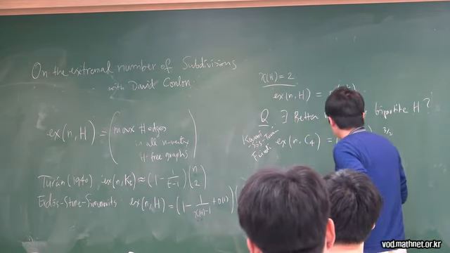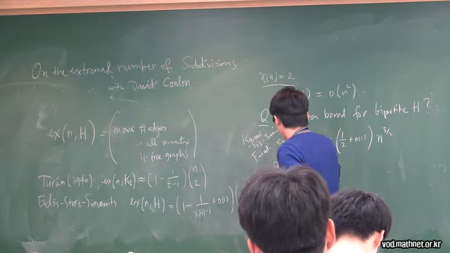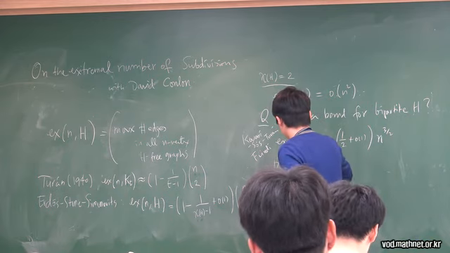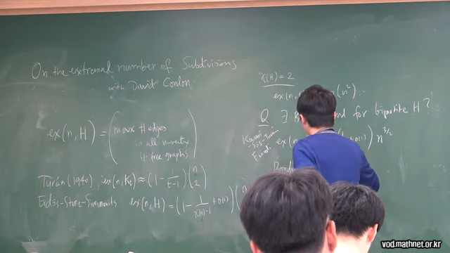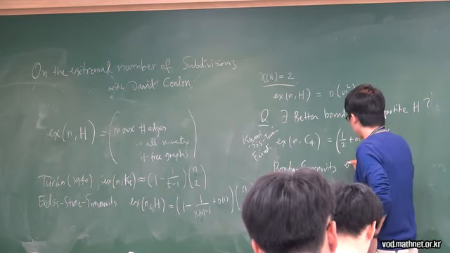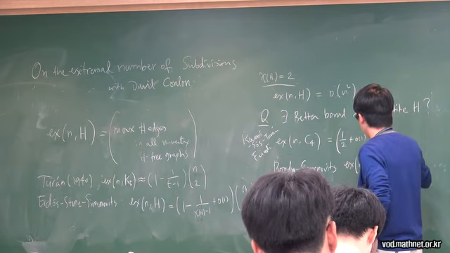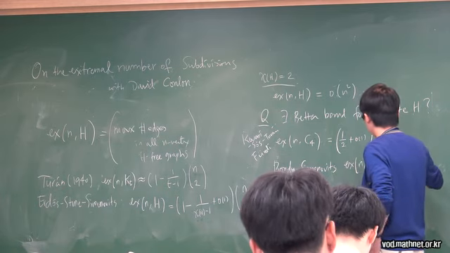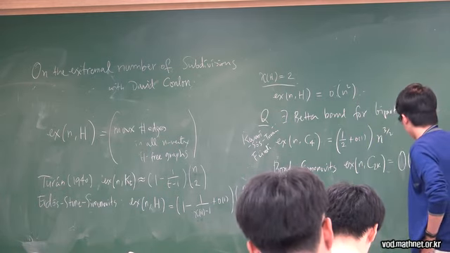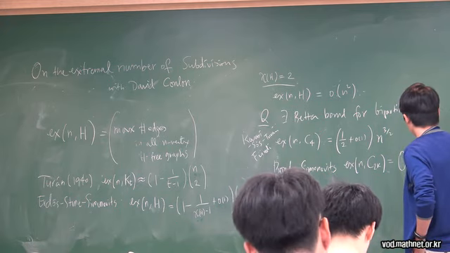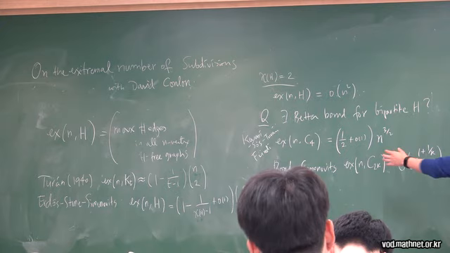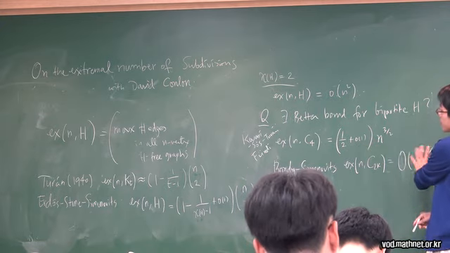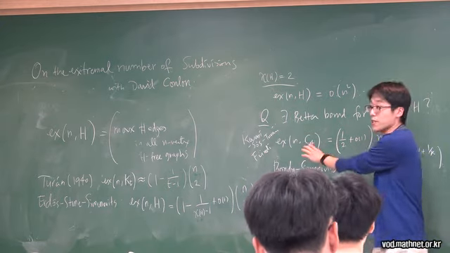Later, there's a result by Bondy and Simonovits, who proved the extremal number of the even cycle is at most n to the 1 plus 1 over k. Apart from the constant itself, it improves the estimate for the 4-cycle.